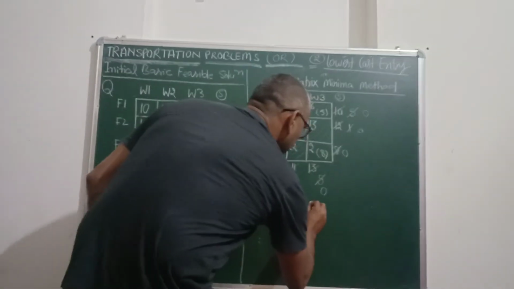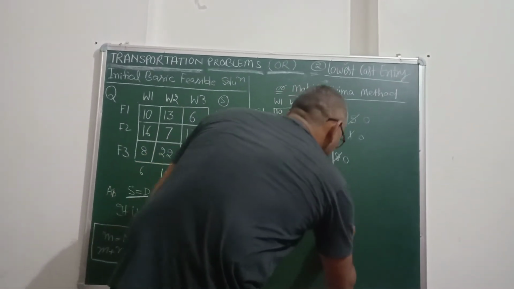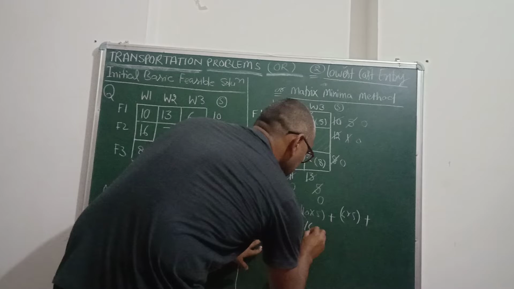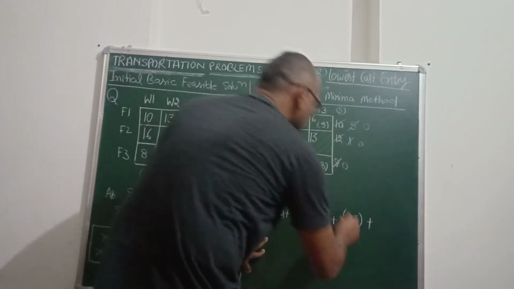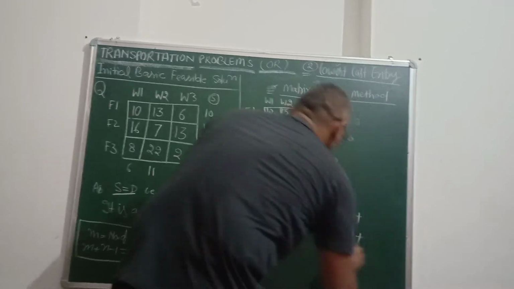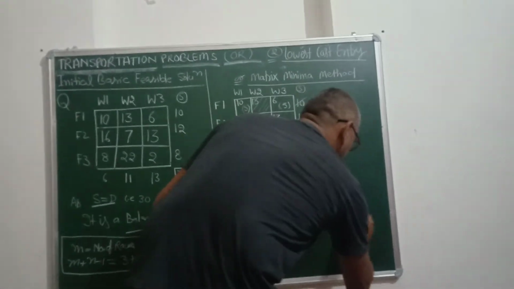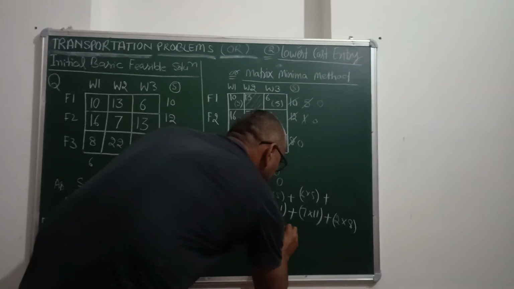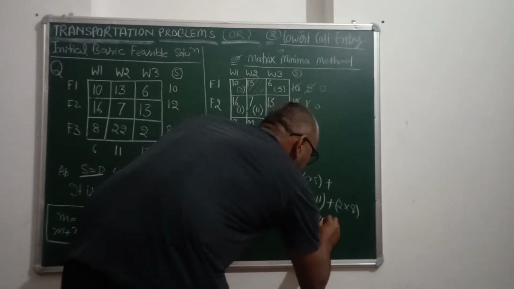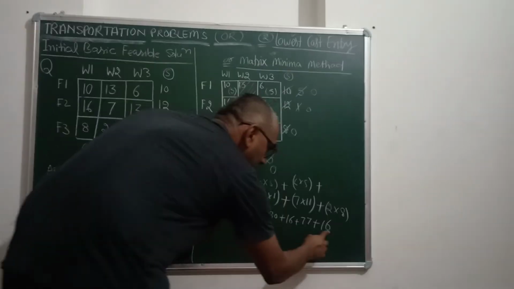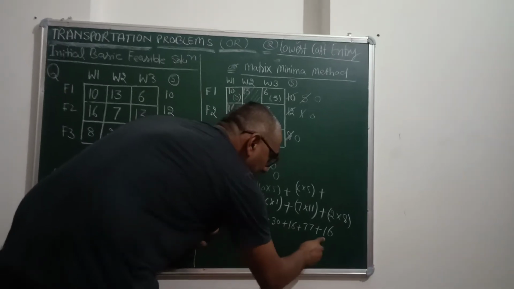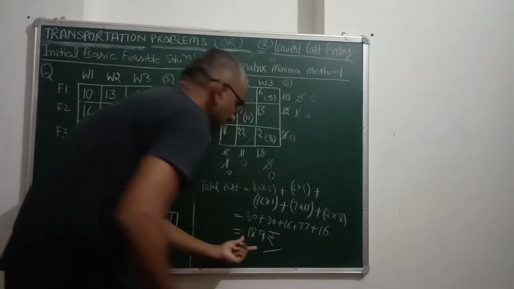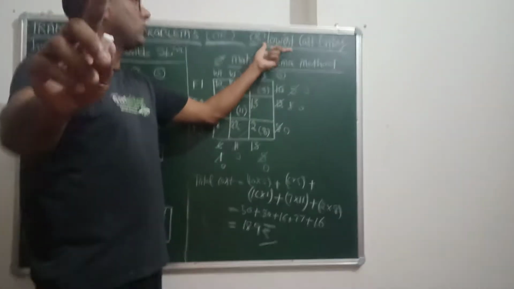So here 10 into 5 plus 6 into 5 plus 16 into 1 plus 7 into 11 plus 2 into 8, and if you solve this, the amount is 50 plus 30 plus 16 plus 77 plus 16, and this is equal to 189 rupees. So this is the minimum cost using the lowest cost entry method.